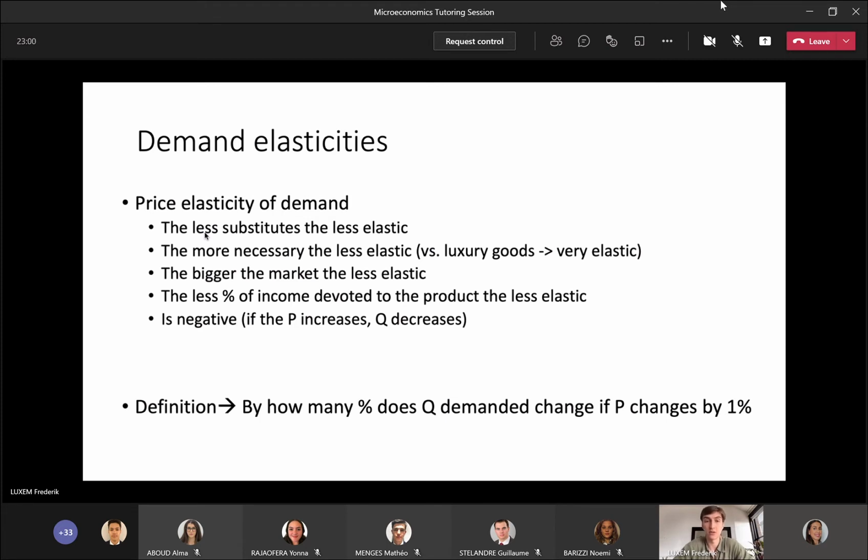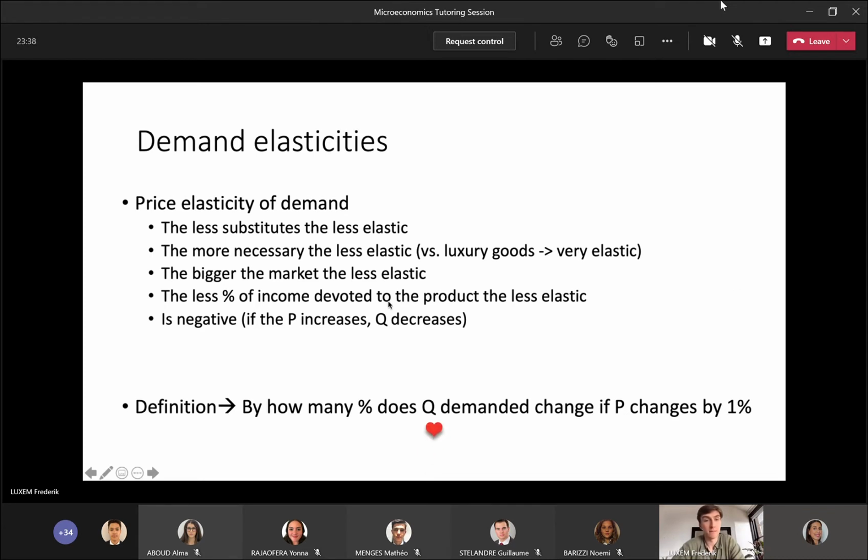The more necessary a good is, also the less elastic it is. So luxury goods are very elastic. The bigger the market, the less elastic it is as well, because if someone is not willing to pay for it, because the market is very big, you'll have an average, if you understand what I mean. And then also the smaller the percentage of income devoted to the product, the less elastic it is.